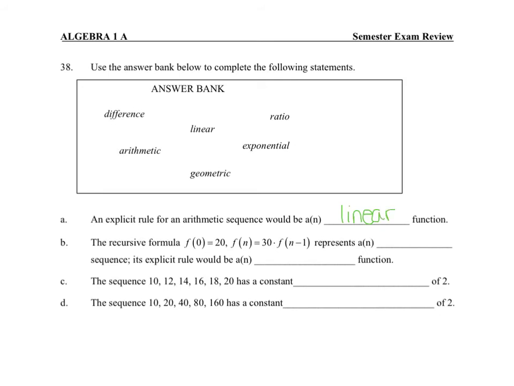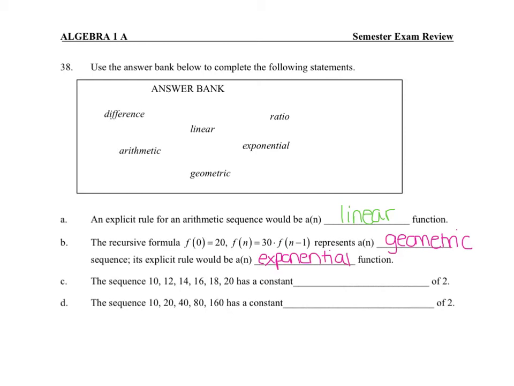B. The recursive formula f of 0 equals 20, f of n equals 30 times f of n minus 1 represents a blank sequence. Because of this multiplication right here, it's going to be a geometric sequence, and its explicit rule would be a blank function. We know that linear and arithmetic go together, so geometric and exponential go together. So its explicit rule would be an exponential function.